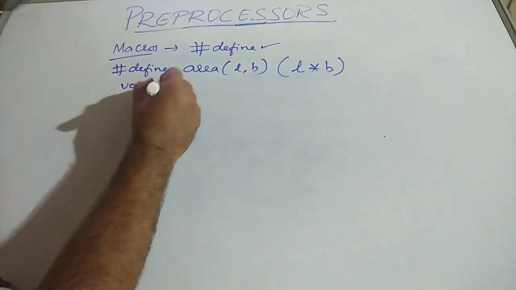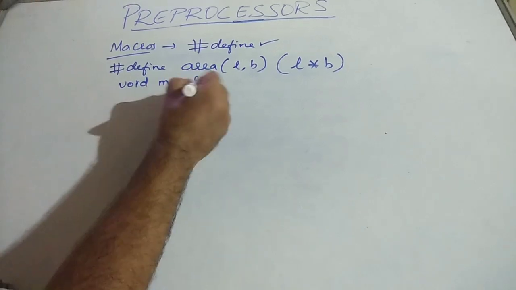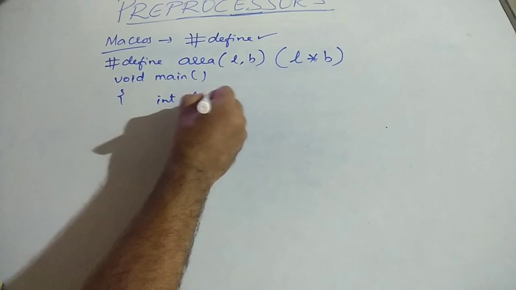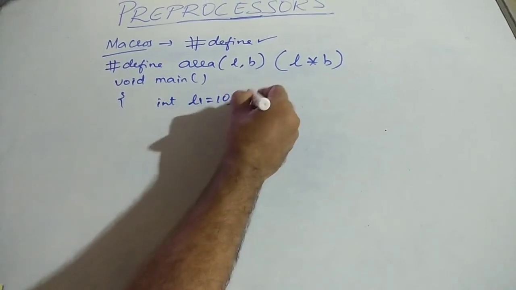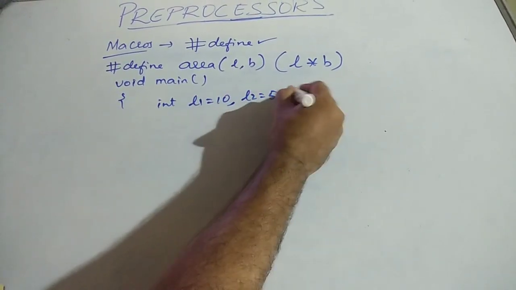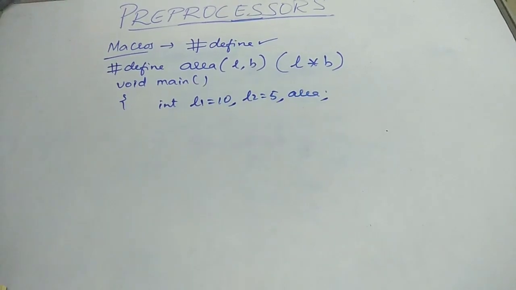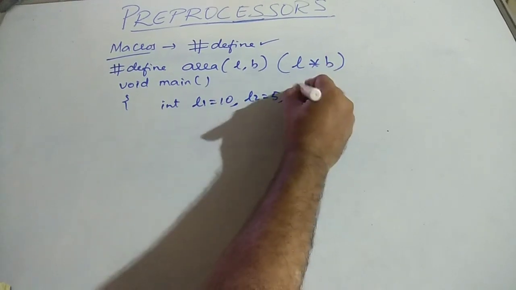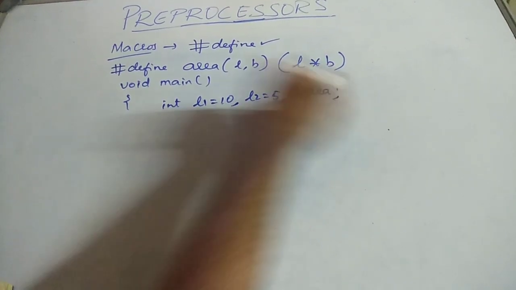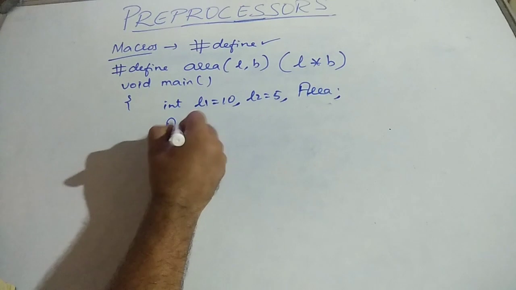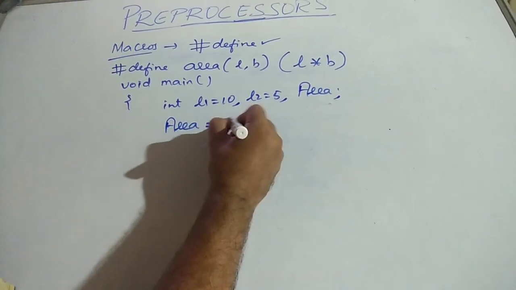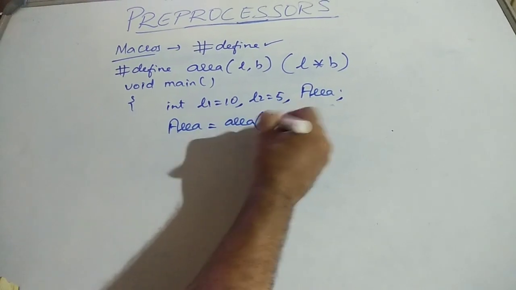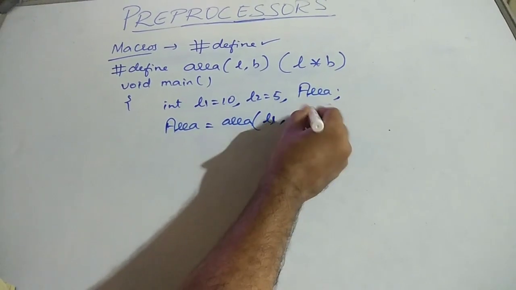Right. So we'll go for the main function. Inside the main function, I will say L1 is equal to 10, comma L2 is equal to 5, comma area. Is it clear? I've taken the same function name. So I'll just take area. Now area is equal to, see, both are different, area L1 comma L2.